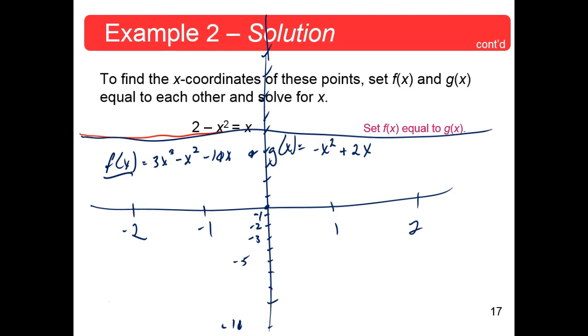Give me another x. 2. Okay. 2 cubed is 8 times 3 is 24 minus 2 squared, which is 4, and that would be 20 then, minus 20 again, that would be a 0. So x equal 2, we're at 0 again.